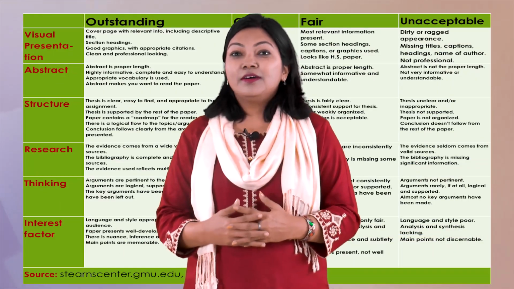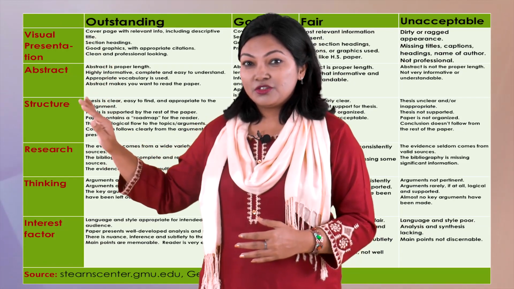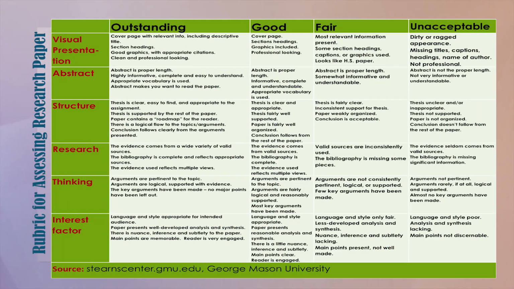For this, the criteria developed are visual presentation, abstract, structure, research, thinking and interest factor. The scale levels selected are outstanding, good, fair and unacceptable. In each box of the grid, a description of the performance for each level of each criterion is written.